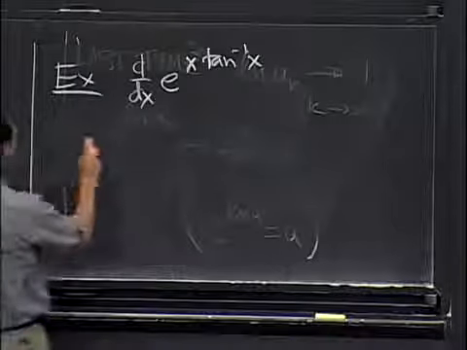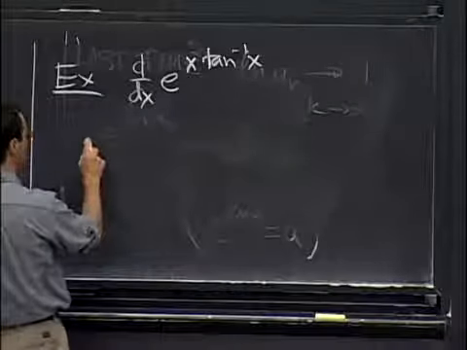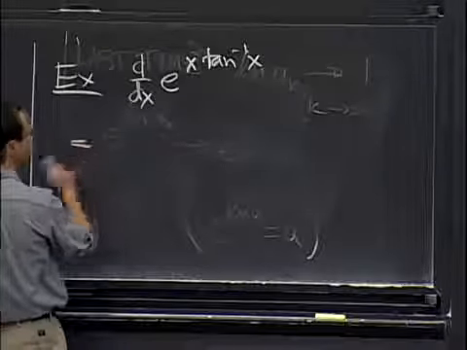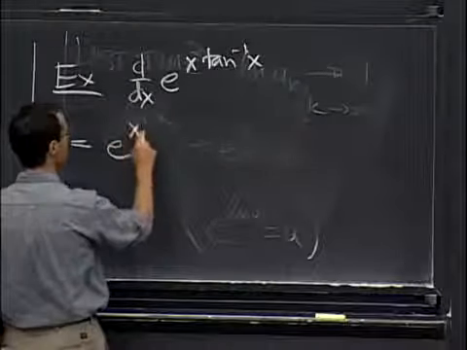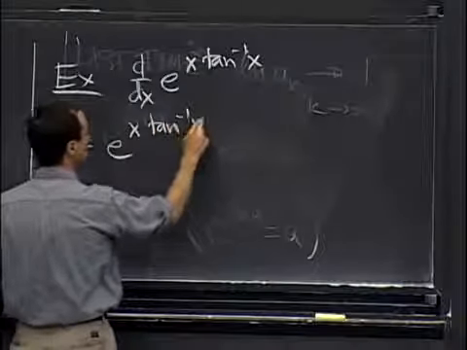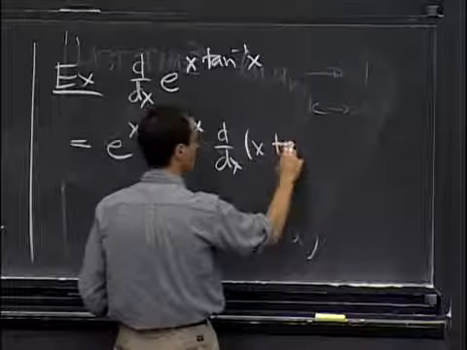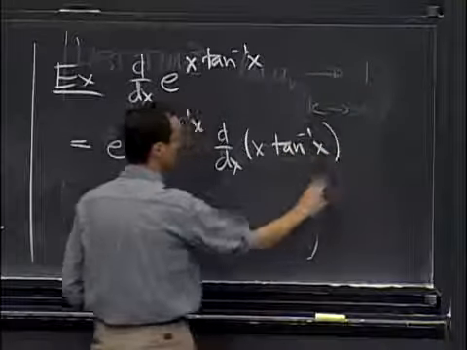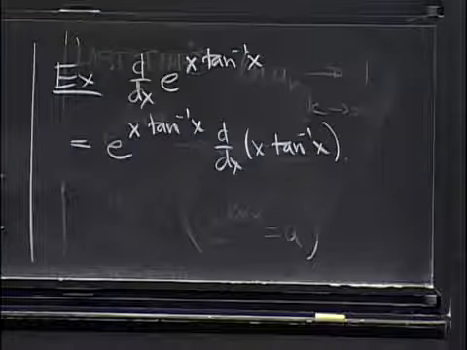So what is it? Well, I have to use the chain rule. It's equal to the exponential times the derivative of this expression here. That's the chain rule at the first step.